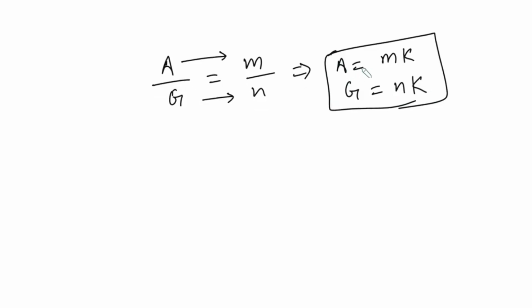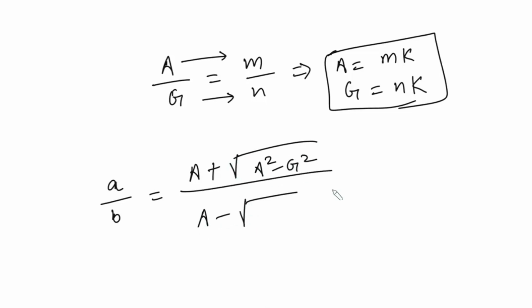So we have the value of A and G. So we can find a over b. a over b is A plus square root A square minus G square over A minus square root A square minus G square.